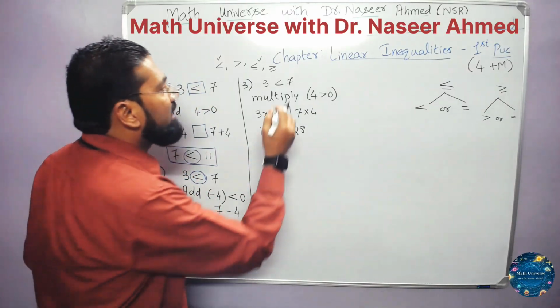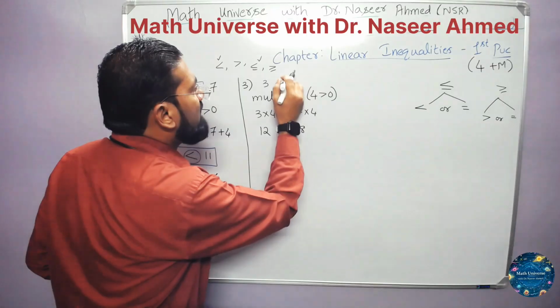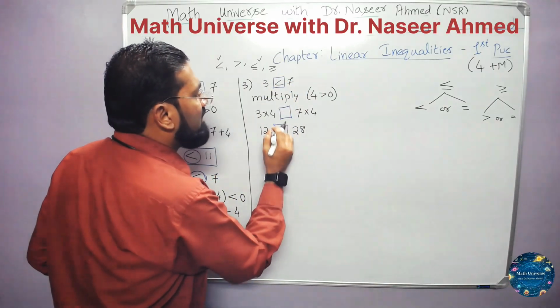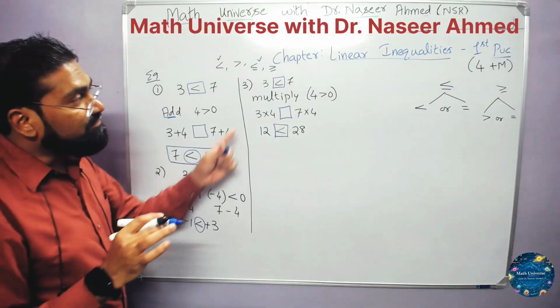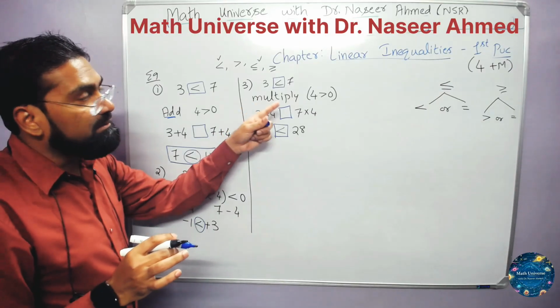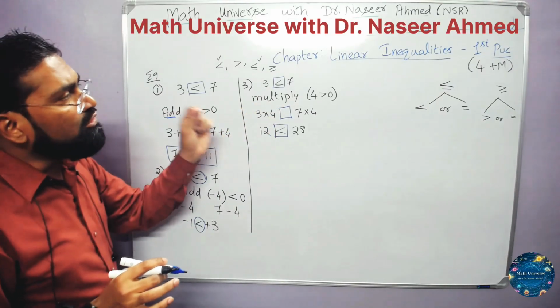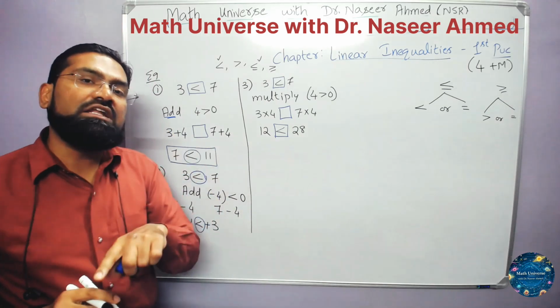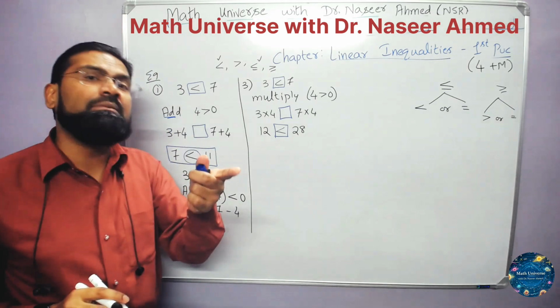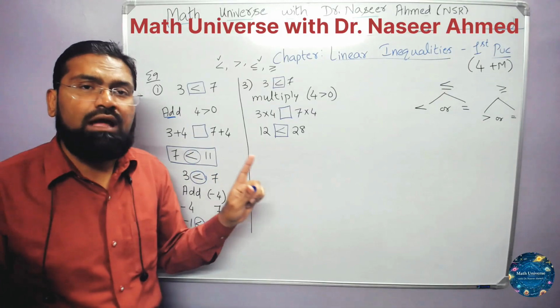So whatever inequality we had, the same inequality is there. But this is when you multiply by a positive number. When I say multiply by a positive number, it also means that if I divide by a positive number, the same thing is going to happen.